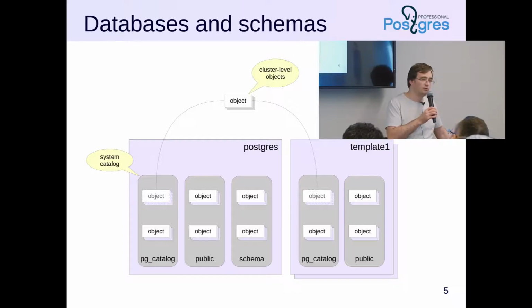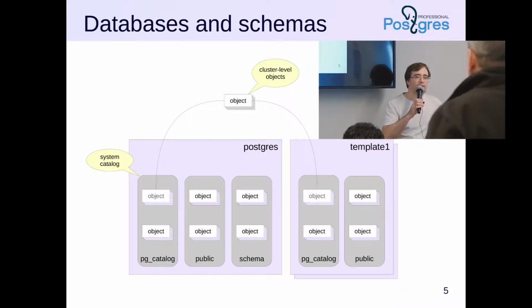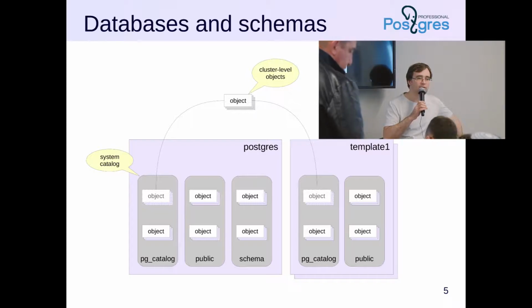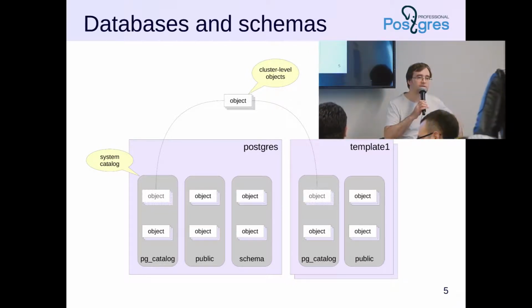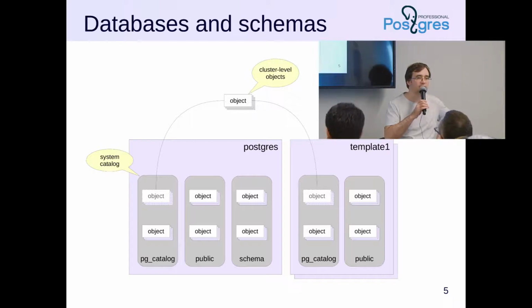pg_catalog is a schema for system catalog tables, and some system catalog tables cannot belong to a specific database. For example, the pg_database table contains all databases in your database cluster. This table cannot belong to any specific database. It is global for the whole cluster.